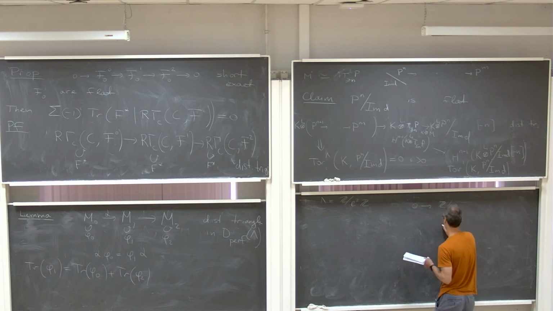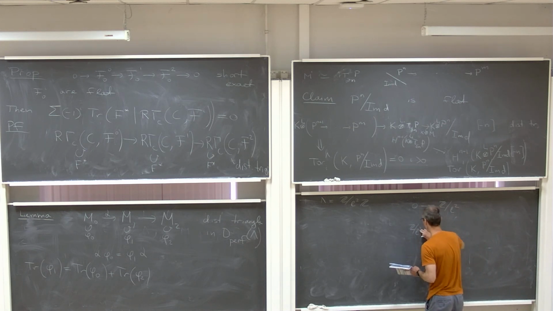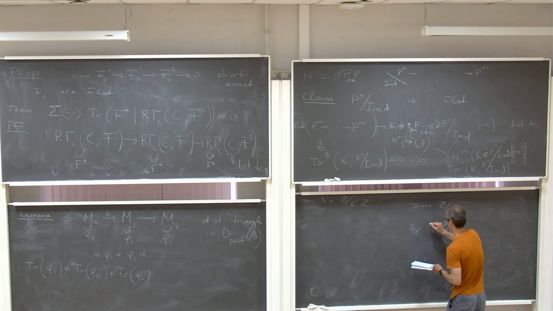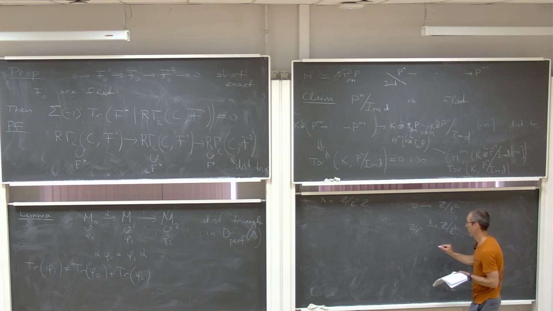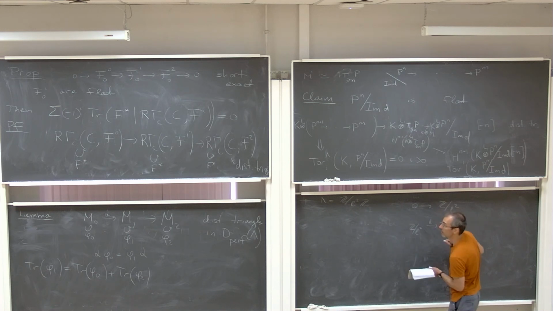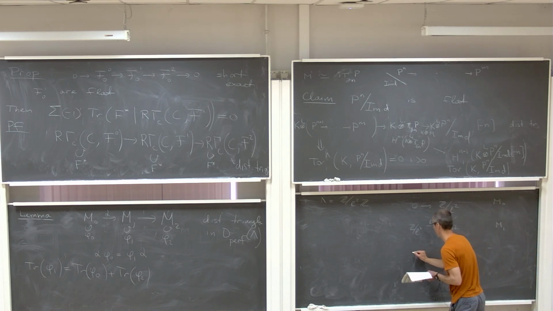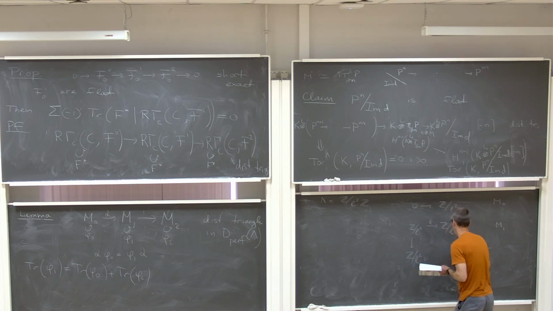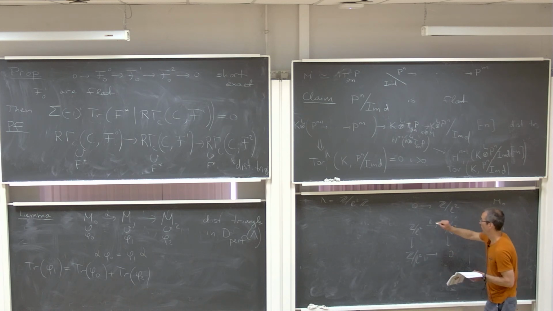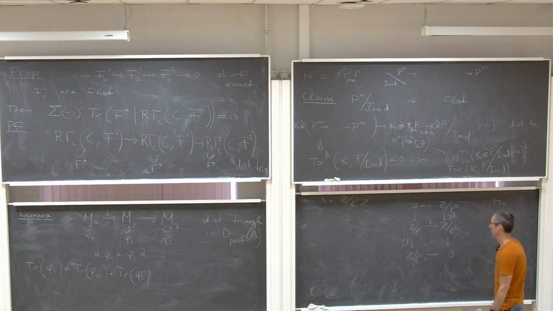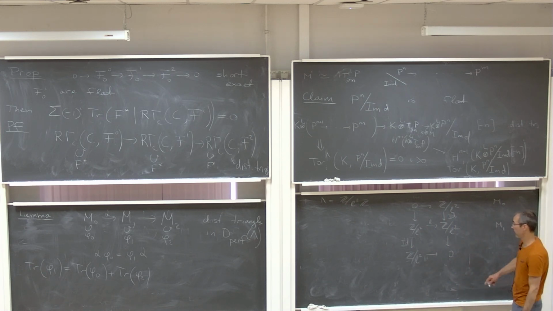The second complex will be Z mod L squared Z to Z mod L squared, and this will be multiplication by L. This is M1, and M2 will be Z mod L squared, with 0 and the identity maps. Right? And I claim that it commutes.